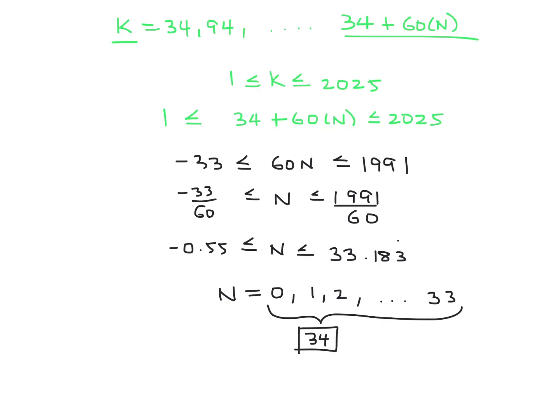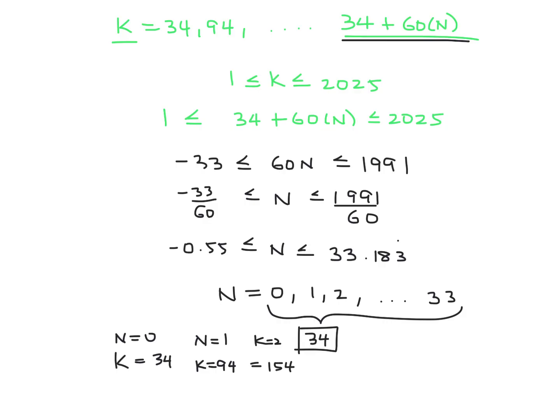And for each of those n's, you will get a k. So for example, when n is 0, k would be 34. For n equals 1, k would be 94. For n equals 2, k would be 154, and so on.